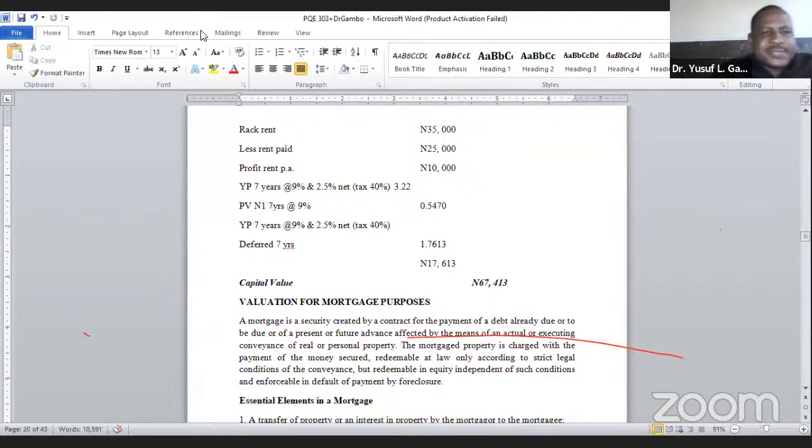So YP 7 years, appropriate YP is 1.7613, and when you multiply that, you have 17,613. So the capital value at that point is 67,413. It's so clear and straightforward. Your problem is the YP and the adjustment for the rate. So that is the issue.